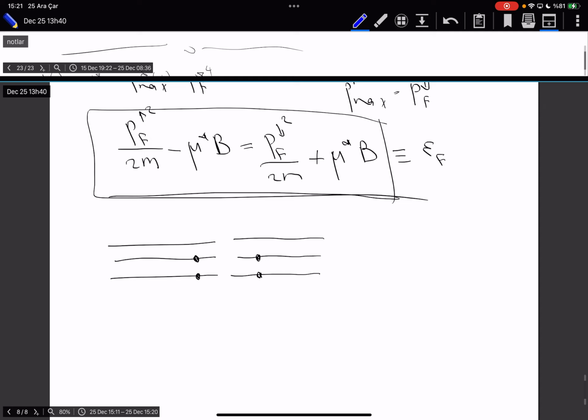So I will have a new level over here, another level over here, a third level over here for spin up, and for spin down I will have these levels. Now, assuming there is no spin flip, this one will become this one, and this one will move here, this one will move here. Remember, this was the original Fermi level.